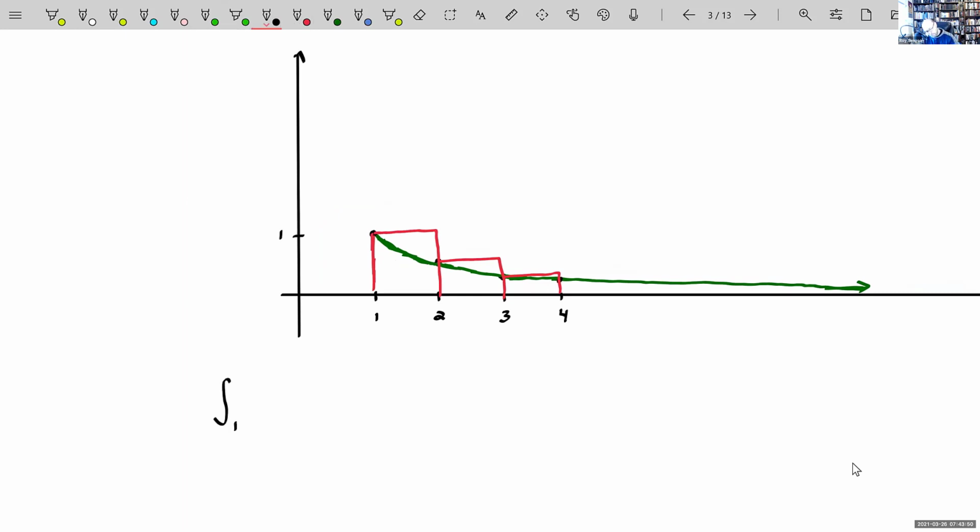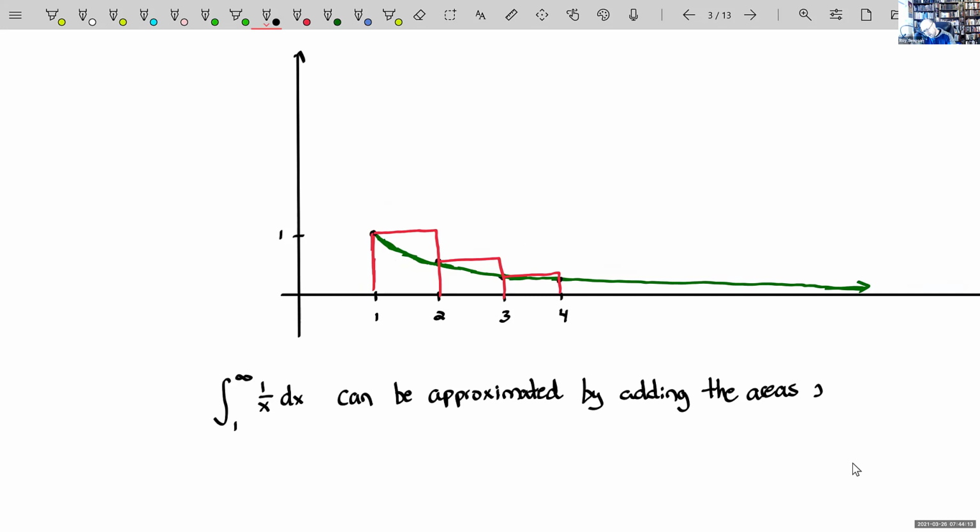The integral from 1 to infinity of 1 over x dx can be approximated by adding up the areas of these red boxes. Of course, I don't mean just those 3 red boxes. I mean those red boxes if we continue to draw them on to infinity. So I'll just say off to infinity. I hope you're okay with that.